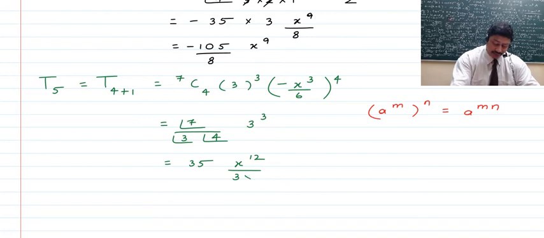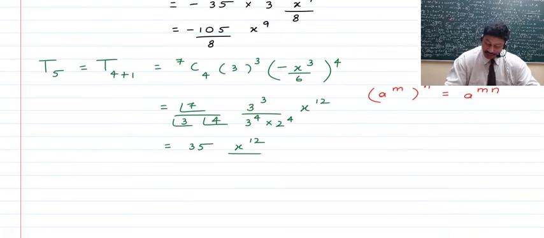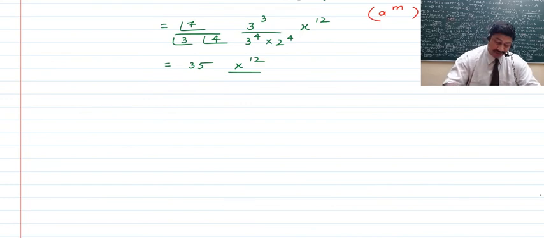So as such we will do a little bit of cancellation. We have 3 raised to the power 4, which is multiplied with 2 raised to the power 4, right? And except that we also have the power of x, that is 12. Now further we will do a little bit of simplification.